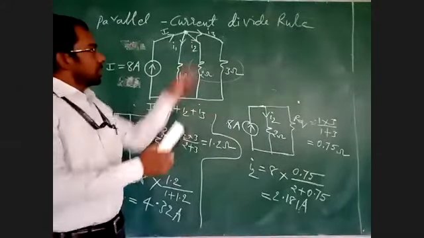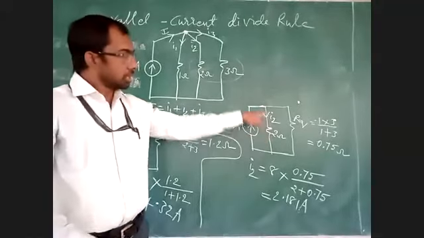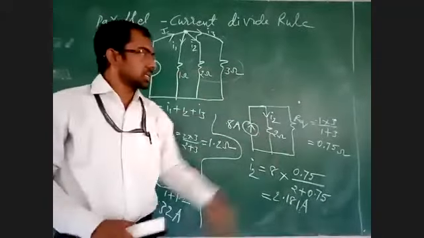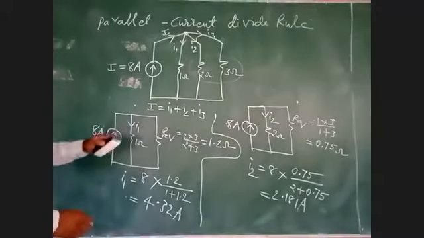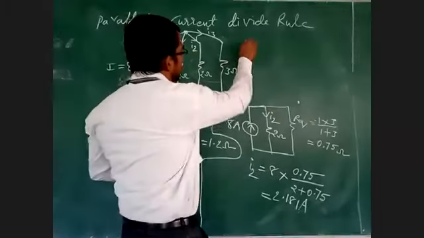See here, I2 is flowing in 2 ohms. We should not disturb this branch because we have to determine the current in this. These two are parallel, convert into single resistance. Now I will take current in 3 ohms, I3.